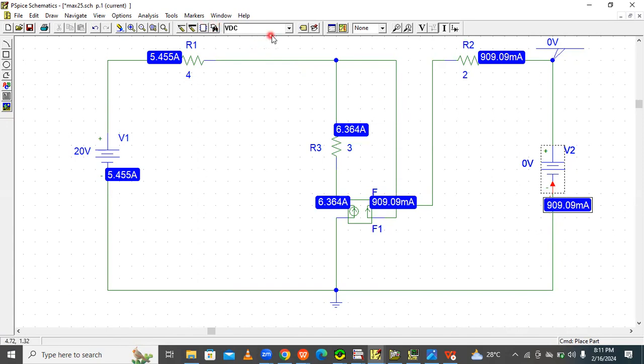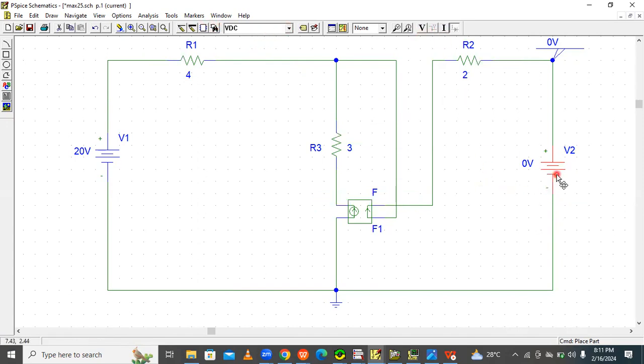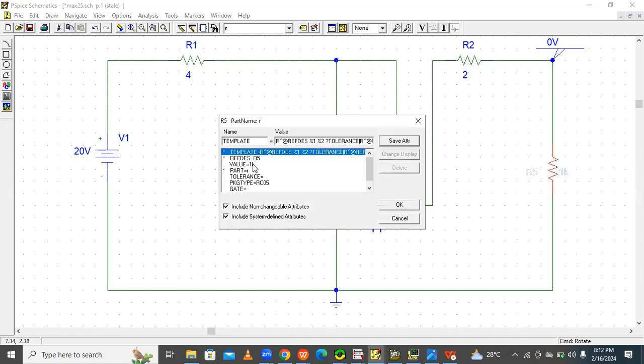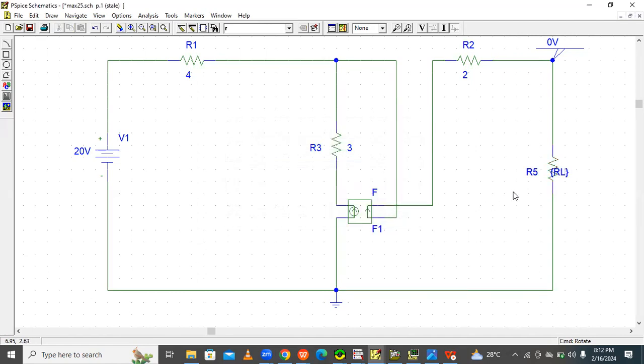Then coming to how to find the maximum power transfer. Remove this and place one resistor. Place it like this. The value of the load resistor, write in flower brackets, RL. The name of this load resistor is RL, a variable resistor.